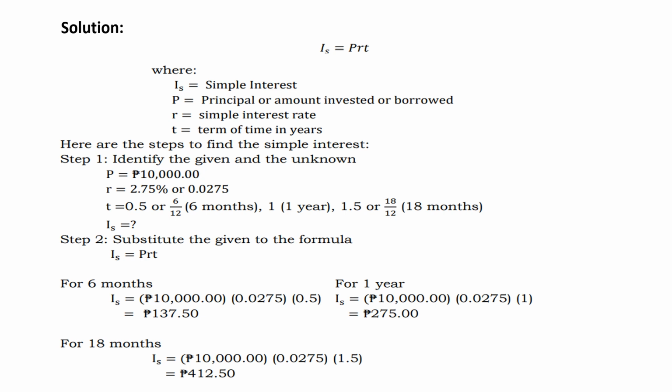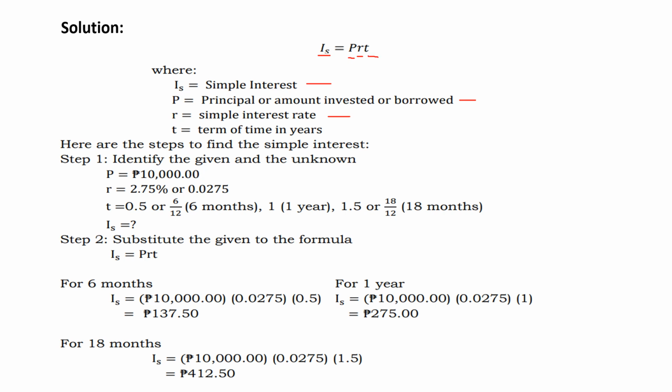For the solution, we simply use this formula for your simple interest: I sub s, which represents your simple interest, is equal to P times R times T. P is your principal, or amount invested or borrowed on the origin date. R is the rate, or the simple interest rate that we apply on the principal.